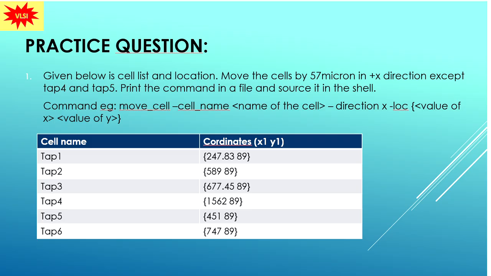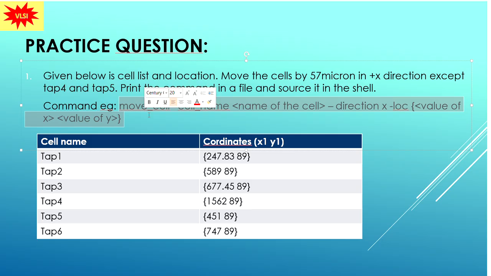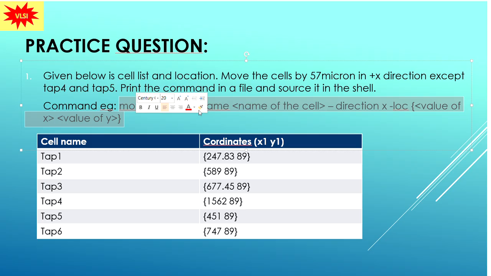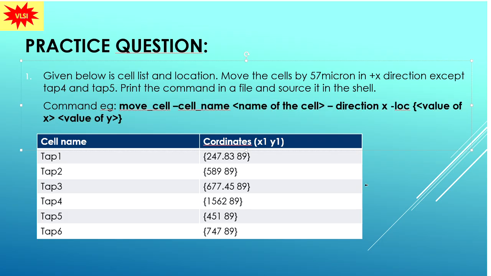Now here I have given you a command. What you have to do is make a file in which you write this entire command, I'll just highlight it. So move_cell hyphen cell name, the name of the cell.